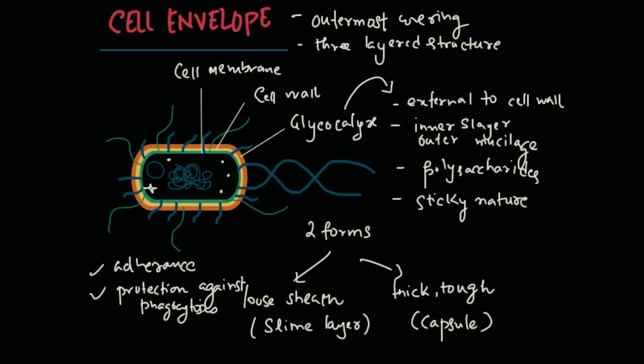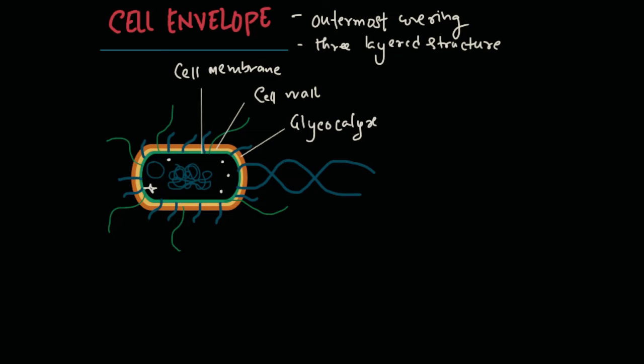So the glycocalyx gives the cell protection against phagocytosis. It protects the cell from desiccation, that is, drying up. It also gives virulence capacity to the prokaryotic cell as it protects the cell from the host immune system.